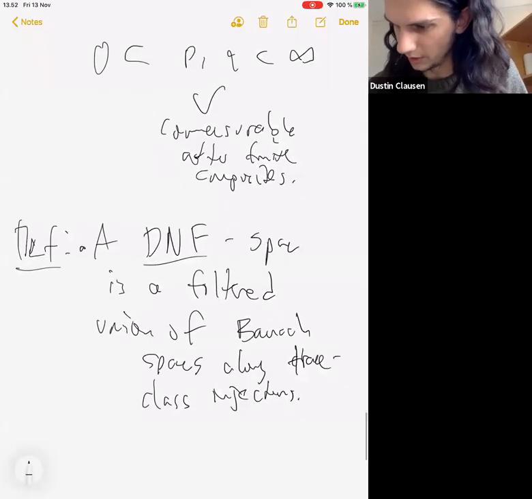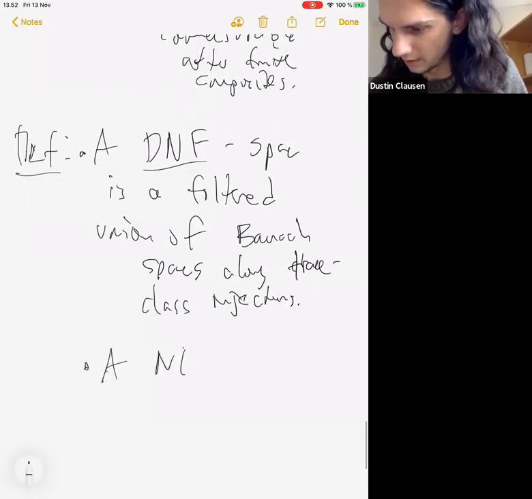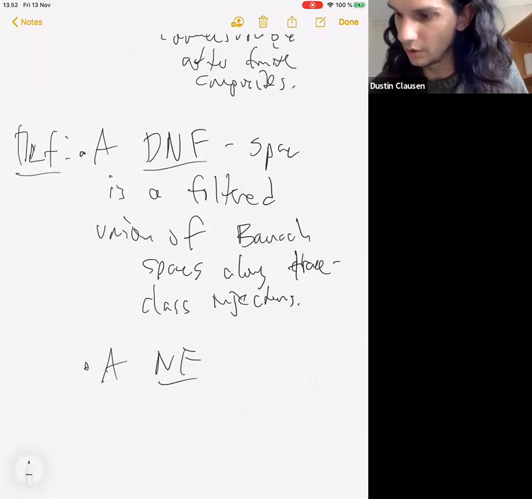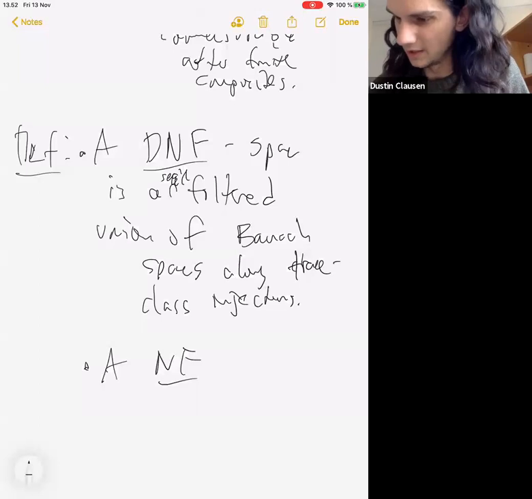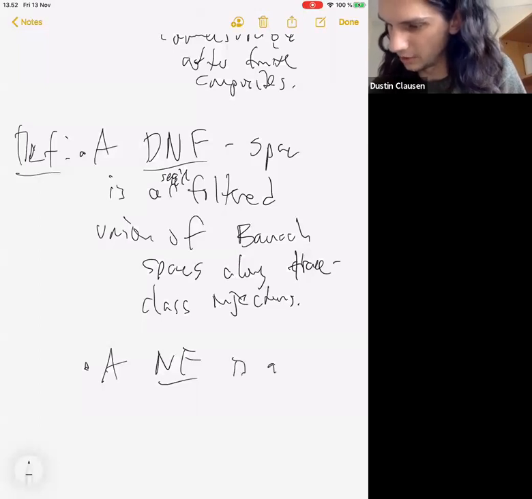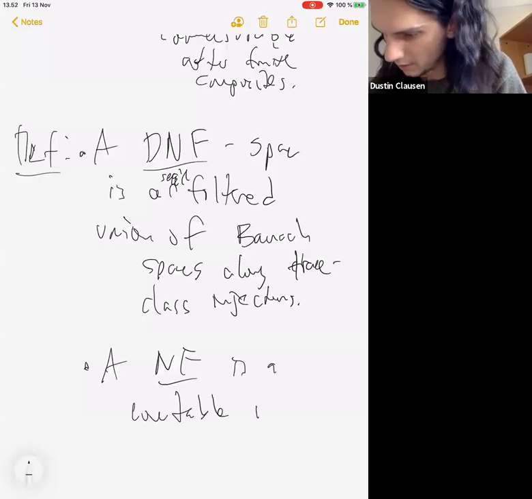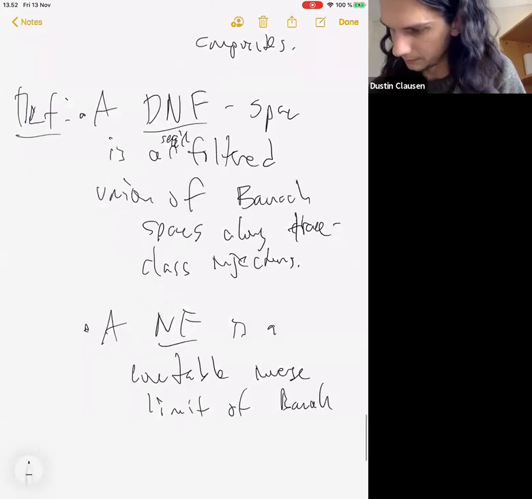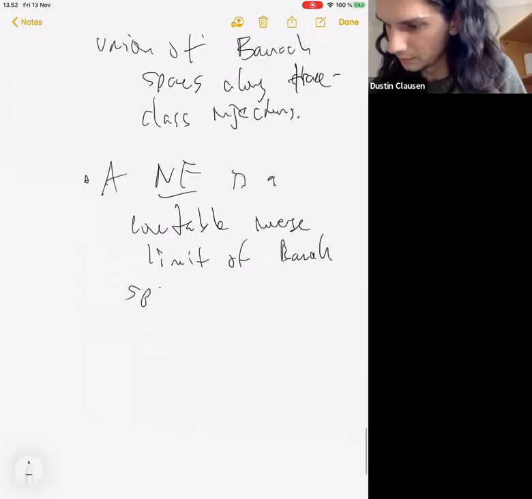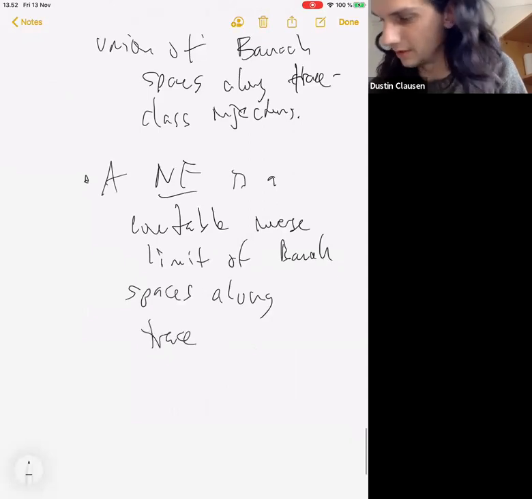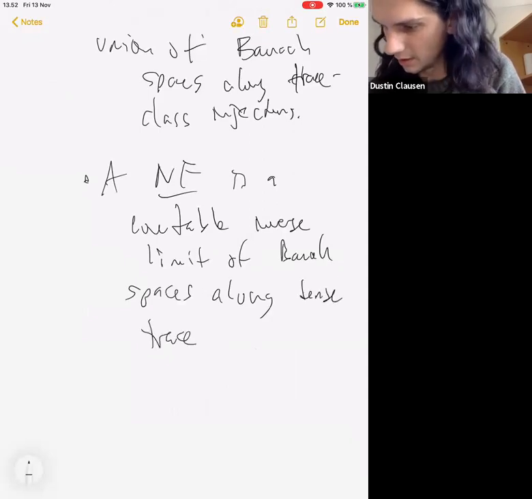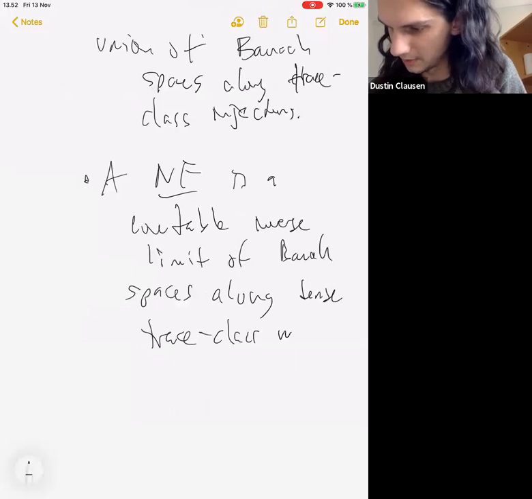Sequential, sorry, thank you. And then dually, a nuclear Fréchet space is a countable inverse limit of Banach spaces along dense trace class maps.